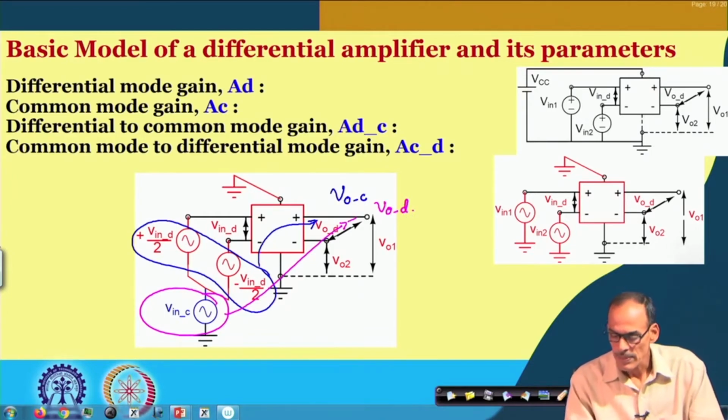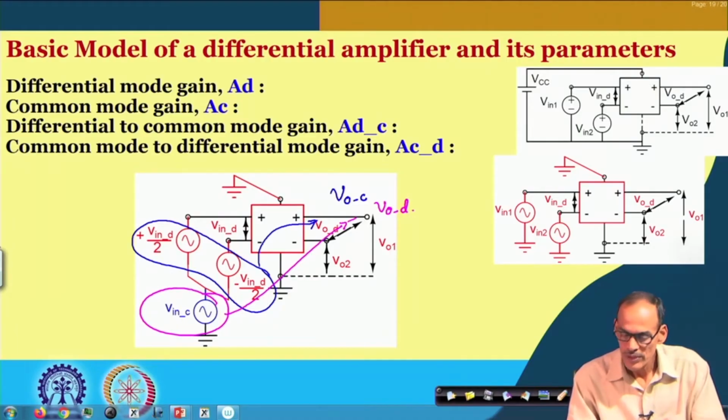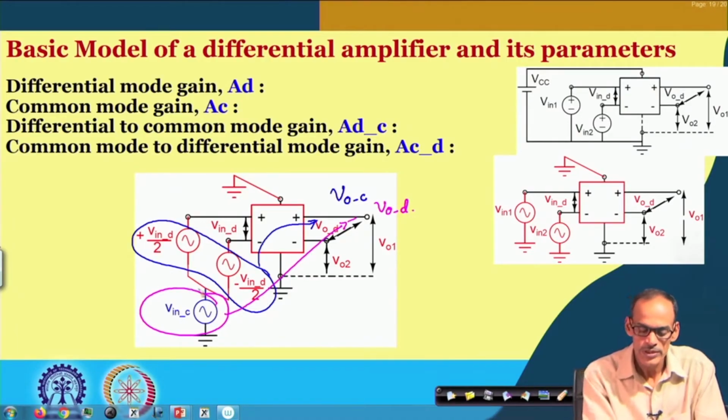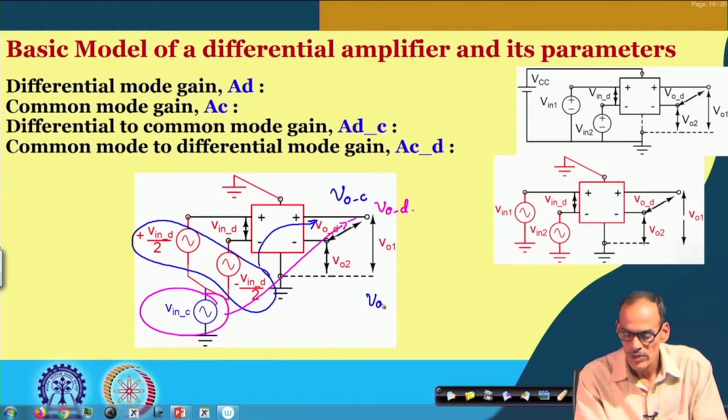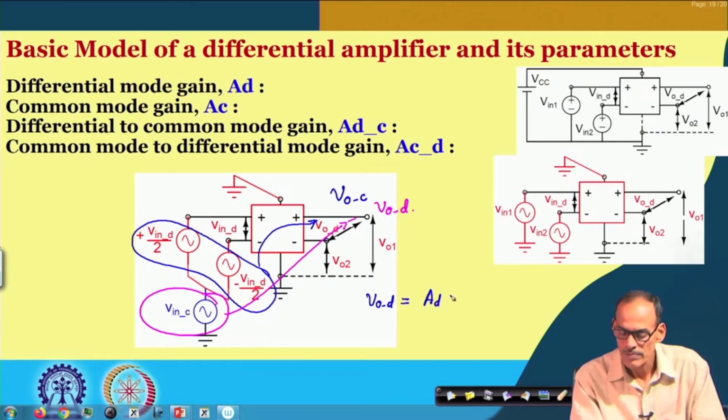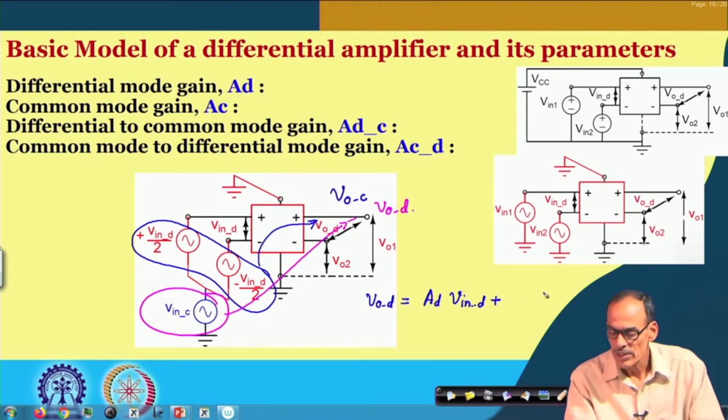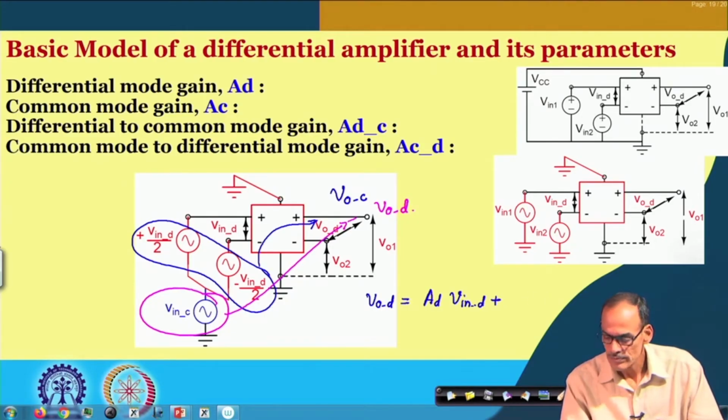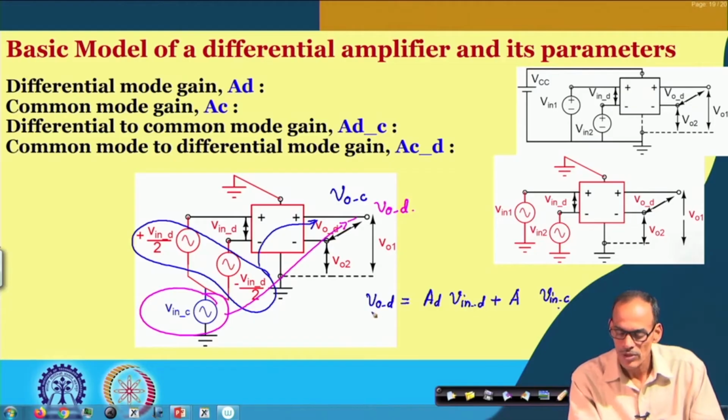So, individually, if I am stimulating the circuit with both differential and common mode, we can say that VOD is AD times VinD plus some parameter multiplied by VinC, and this parameter, since it is converting common mode signal into differential, we can say is ACD.